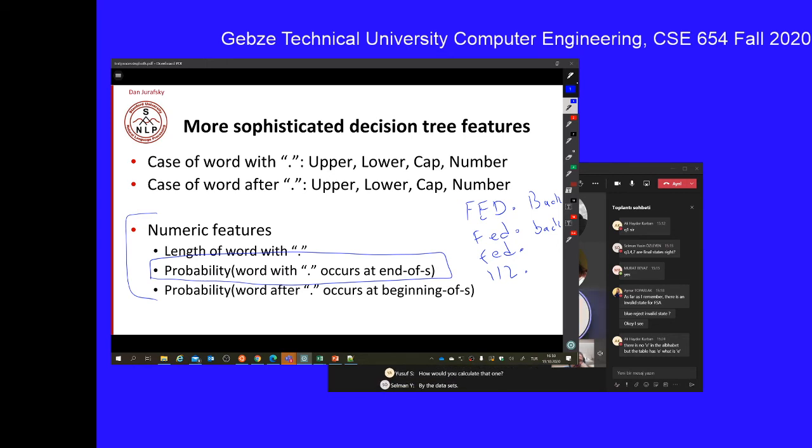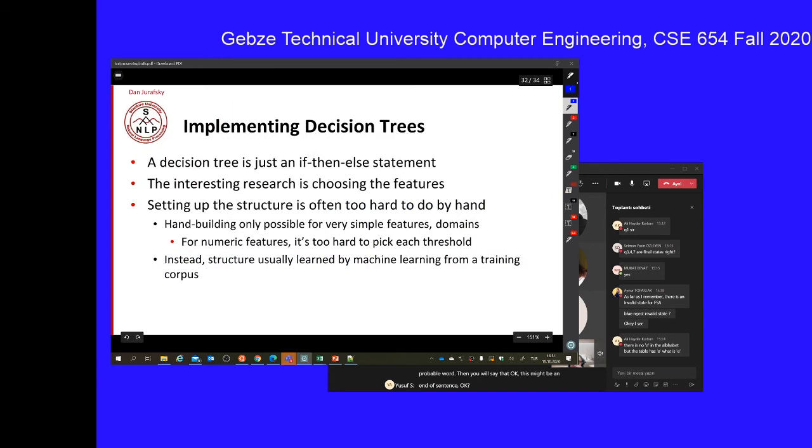You have a data set. In your data set, you have 1,000, 100,000 sentences. You know which words occur at the end of the sentence most often. And if the word that you are looking at is a probable word, then you will say, okay, this might be an end of sentence. So that's one way of doing it.